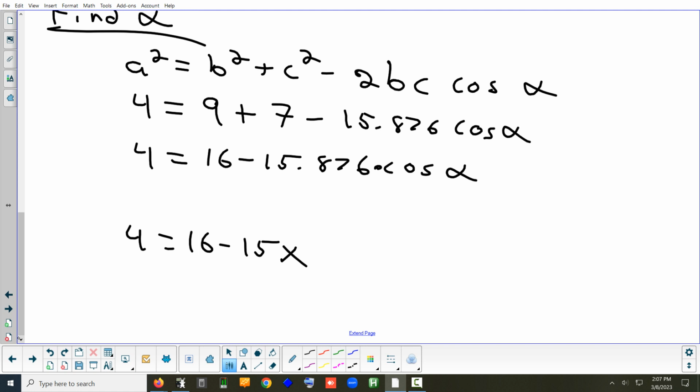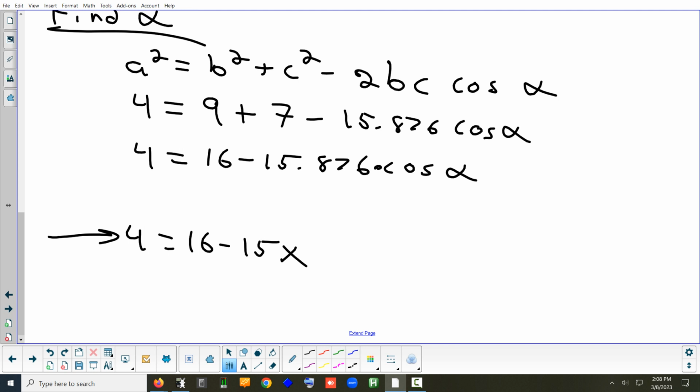Yeah. The inverse of 15.87 cosine x? Or is it just cosine x? Well, if you were solving this, what would be your next step to get x by itself? Oh, isolate the variable. Yep, we want to do that. There's going to be 2 steps left to do that. What would be your first one? Subtract 16 from both sides.